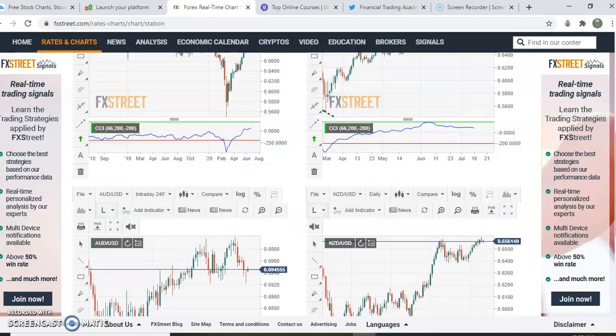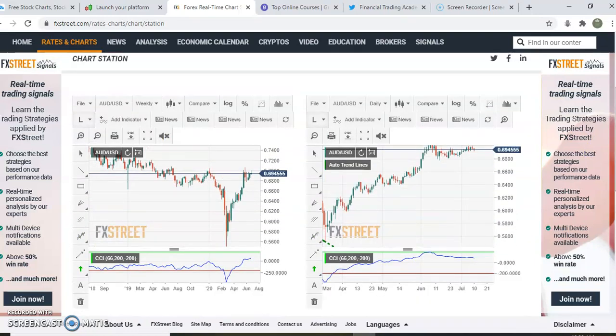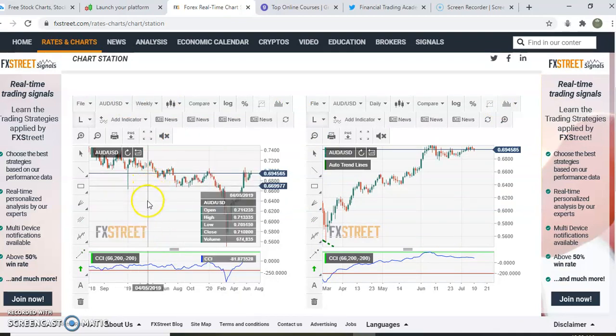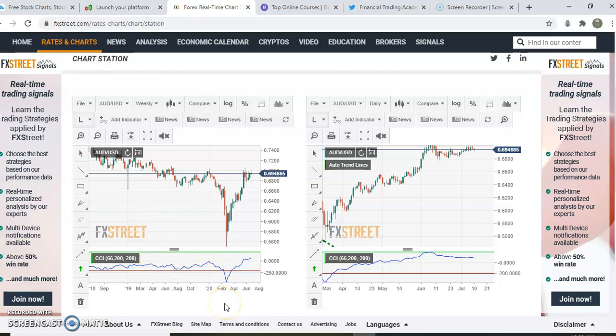Let's start analyzing the first window, so Australian dollar against US dollar on a weekly chart. In the first section of the chart, you see the naked price with no indicators, while beneath you can find the CCI, the commodity channel index, at 66 period.